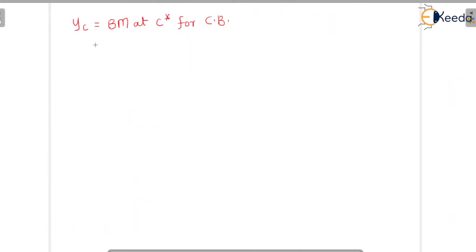So with this we will get moment over here. Okay, so RA star into 3 minus area of the triangle half into 3 into 6 by EI into CG distance, that is 1/3 of 3. So with this we get RA is 7 by EI into 3.